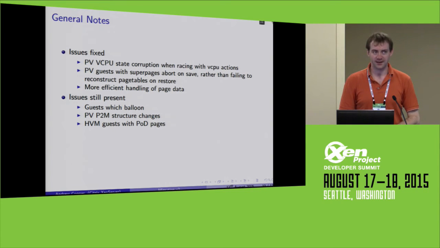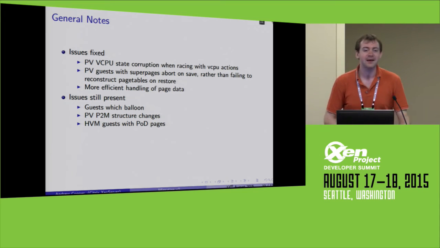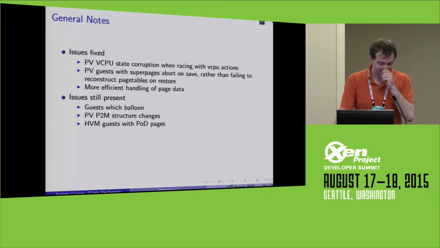For the PV guests, you do notice that the PV guest changed its P2M, but you mark the P2M frame as dirty, not the frame it was referring to. So whilst you get the correct P2M entry going across onto the far side, you've still got stale data in the frame it refers to.